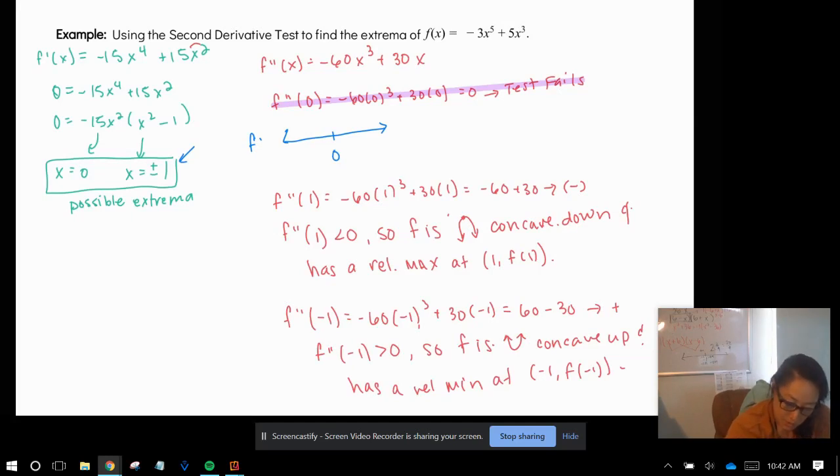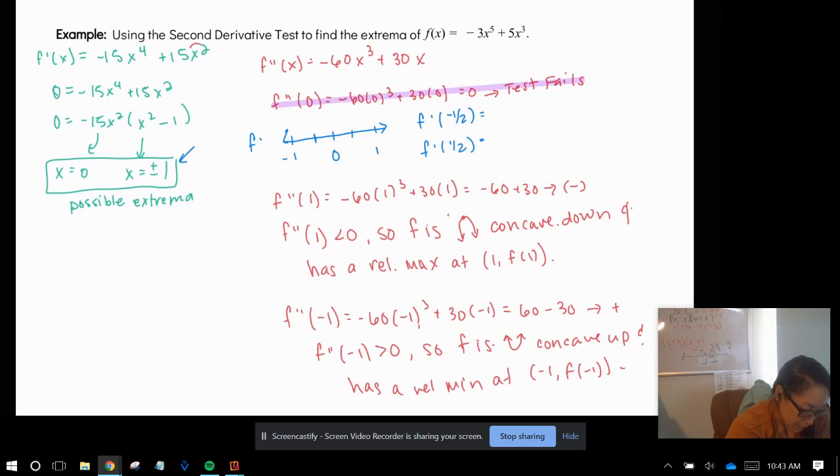So I'm going to put negative 1 and 1, and make sure I test something in between, which let's do f prime of negative 1/2 and f prime of 1/2. And I want you guys to tell me what you get.